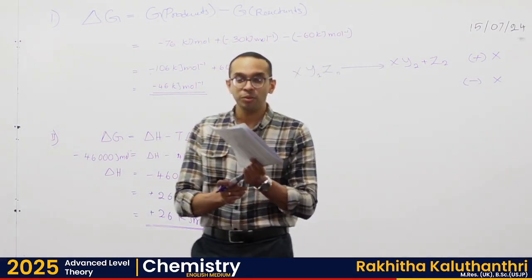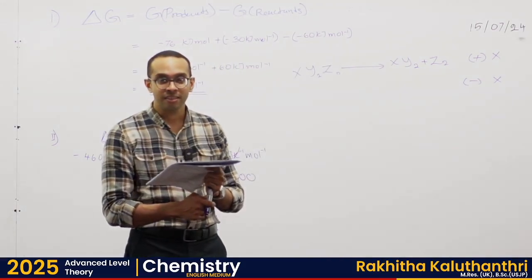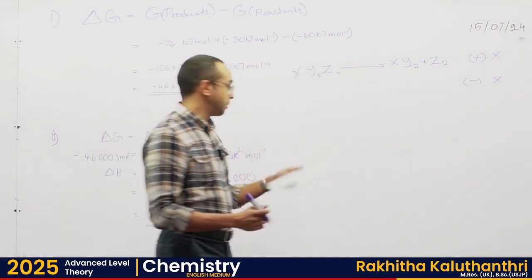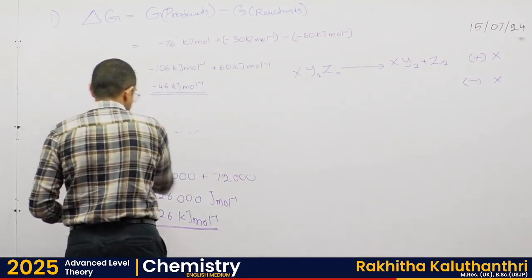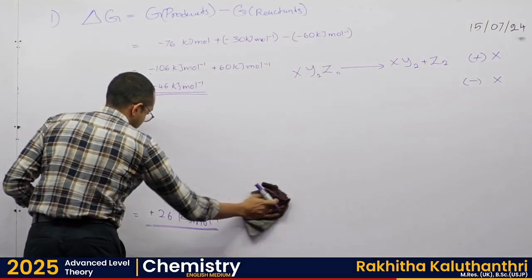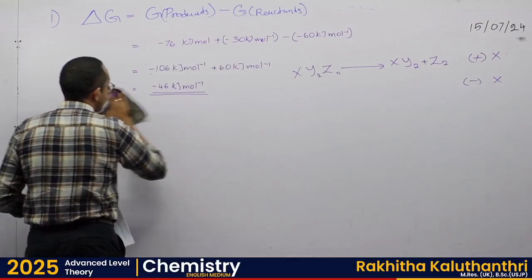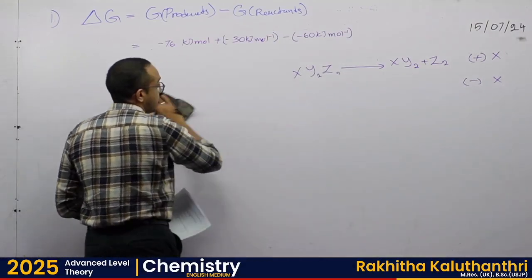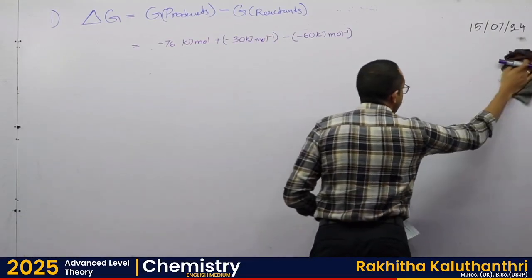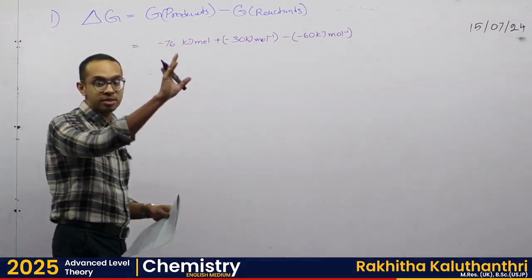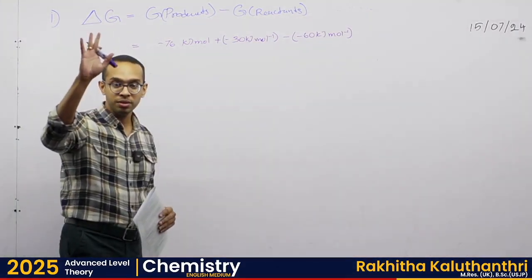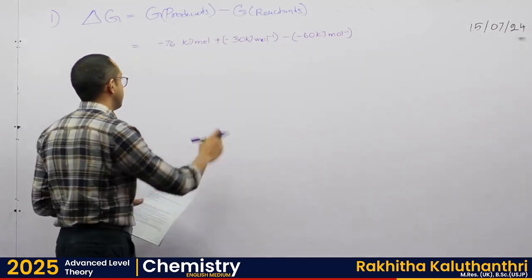Now, anyone who did that? So, you draw a graph, you draw a Hess cycle. You don't have to draw a Hess cycle if you feel like you can directly get to the answer, because we anyway know the equation. Now, I will guide you to this. Anyone who actually got to the answer? No? None of you? Right.